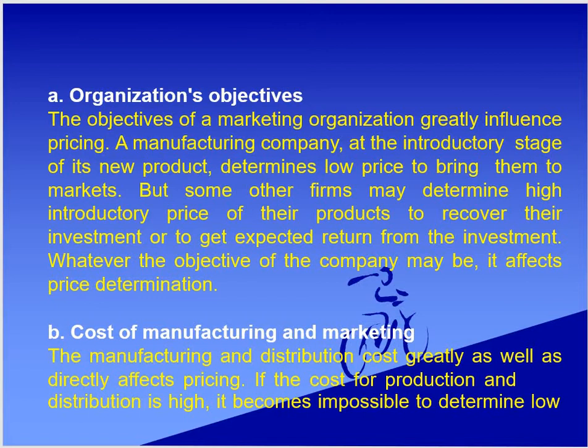Whatever the objective of the company may be, it affects price determination. B is cost of manufacturing and marketing. The manufacturing and distribution costs generally as well as directly affect pricing. If the cost of production and distribution is high, it becomes impossible to determine a low price.